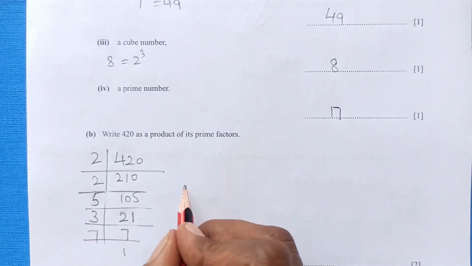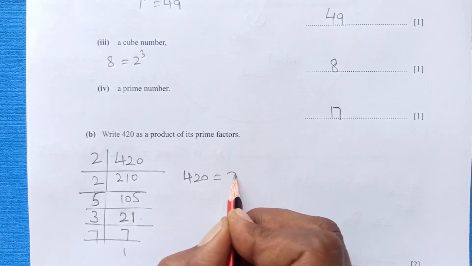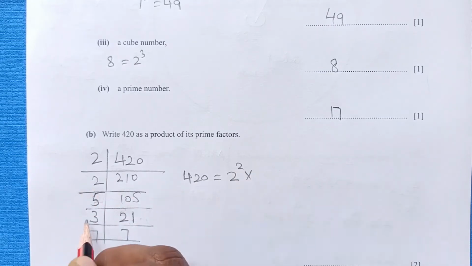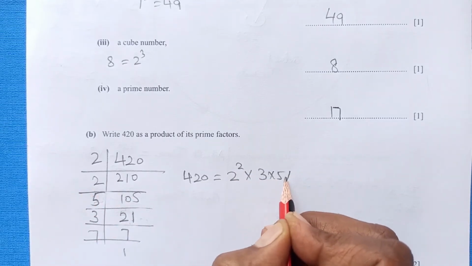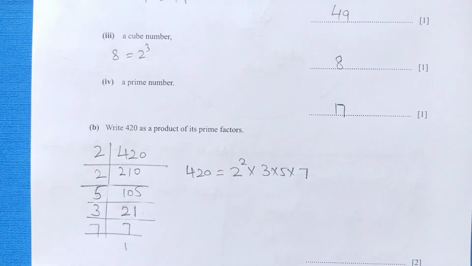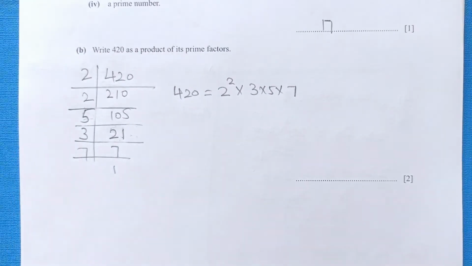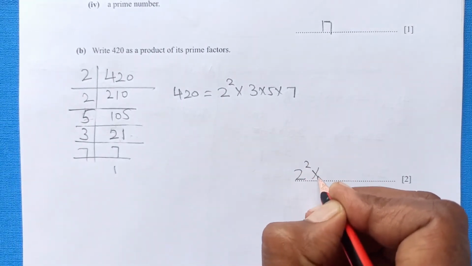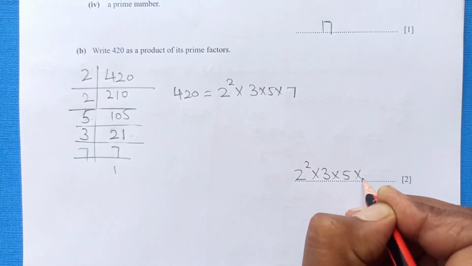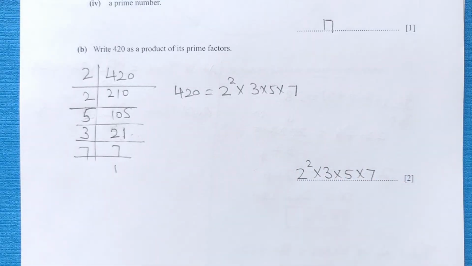So 420 can be written as 2 squared, then we have 3, 5 and 7. So this will be the final answer. We are going to write it down here: 2 squared times 3 times 5 times 7.